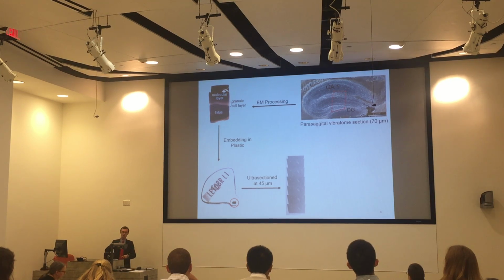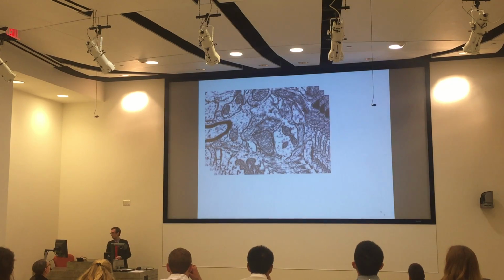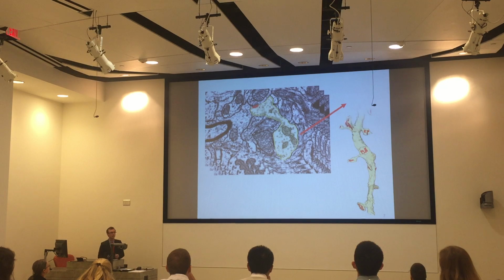And so you actually get a stack of sections, and if you take an image of each serial section, then what you can get is a stack of images that when you trace these structures, you can build three-dimensional models. And so that is the tools that we use to analyze this question.